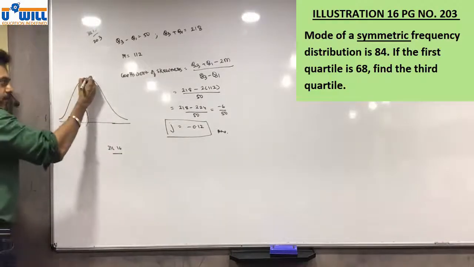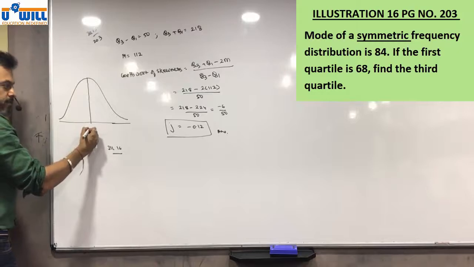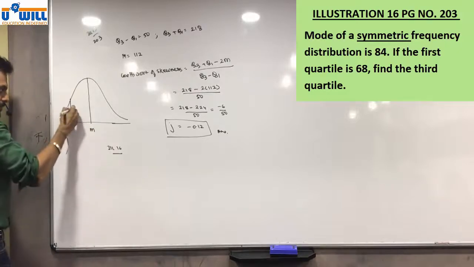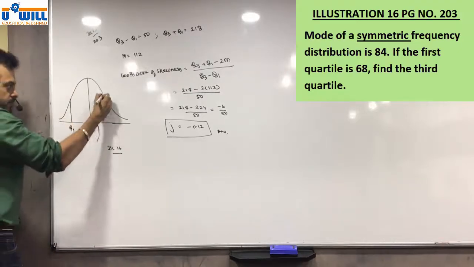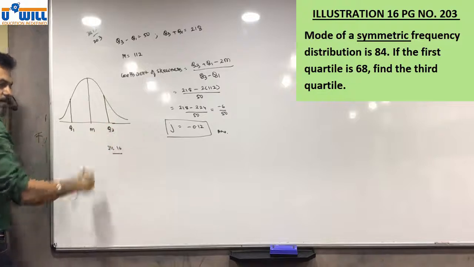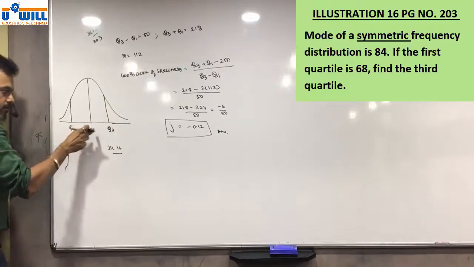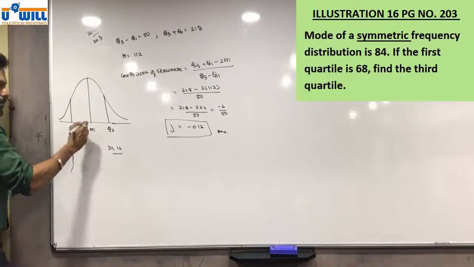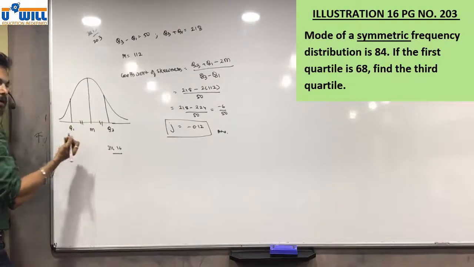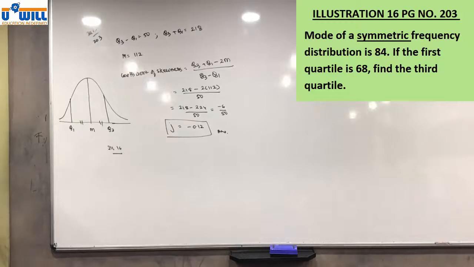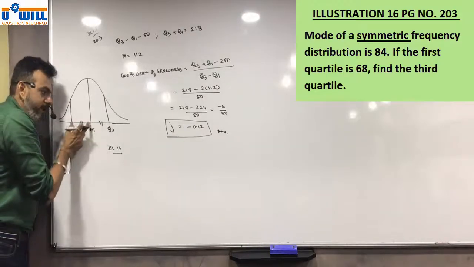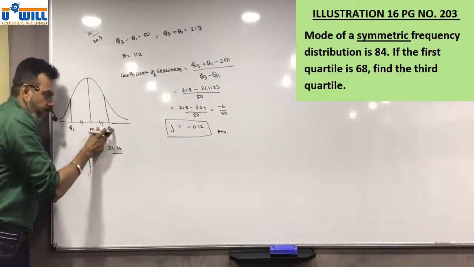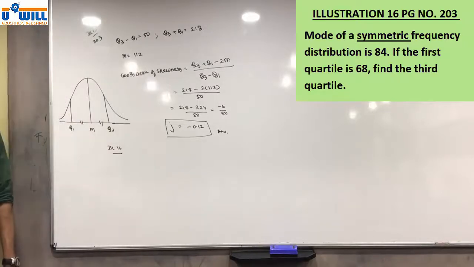This is a symmetric frequency distribution. This is M, this is Q1, and this is Q3. What is the condition? That Q3 minus M is equal to M minus Q1, which is ultimately going to be 0. Understood this? Because this distance and this distance are the same, if you subtract one from the other it is going to be 0.